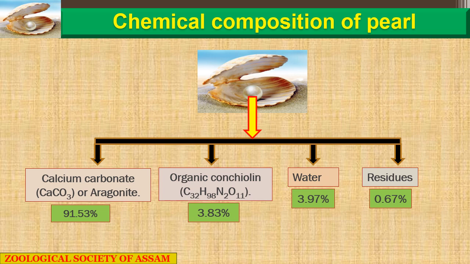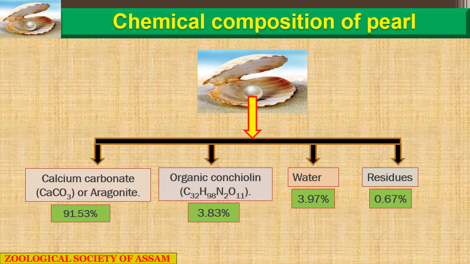It is an organic glue that holds the crystalline aragonite layers together. About 3.97% of the pearl is water, and about 0.67% of the pearl is made up of different types of residues.